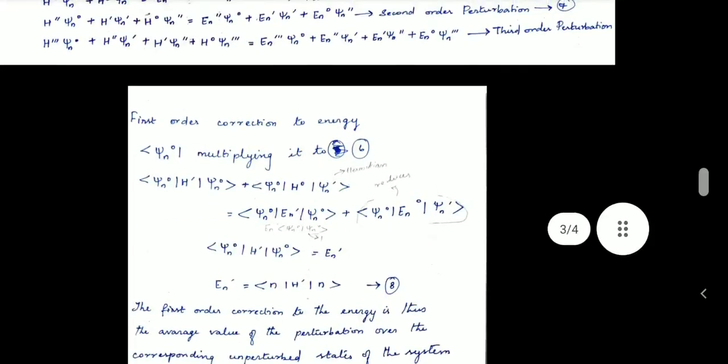So when we are multiplying it to 6, Bra of psi n naught H dash ket of psi n naught plus Bra vector of psi n naught H naught ket vector of psi n dash is equal to Bra vector of psi n naught E n dash ket vector of psi n naught plus Bra vector of psi n naught E n naught ket vector of psi n dash.